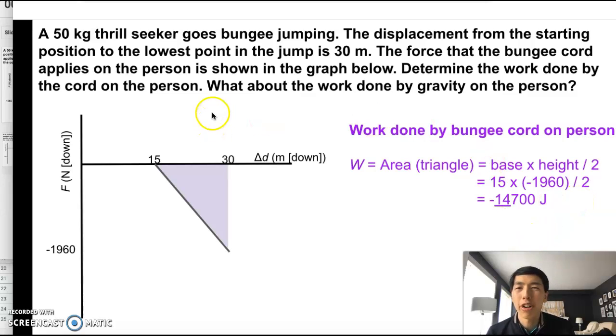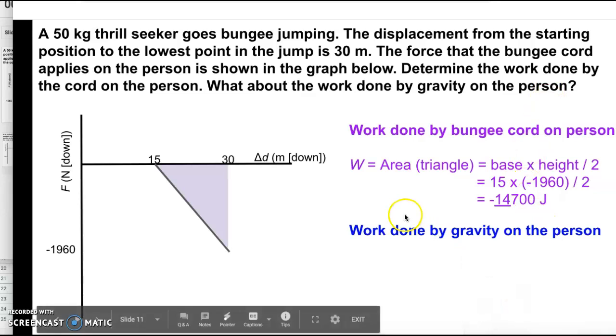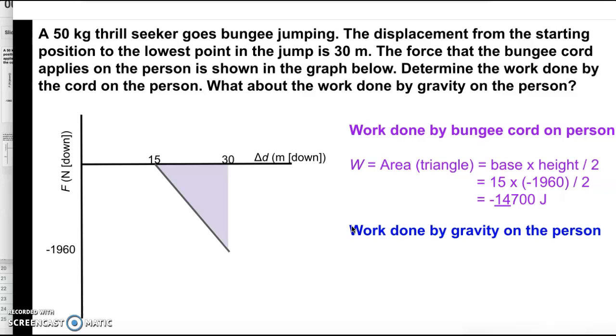All right, the other part of the question asks you, what about the work done by gravity on the person? Okay, so there's two methods to calculate work. Either you use the work formula or you use the area of a graph method. Well, we're not given the graph of gravity.